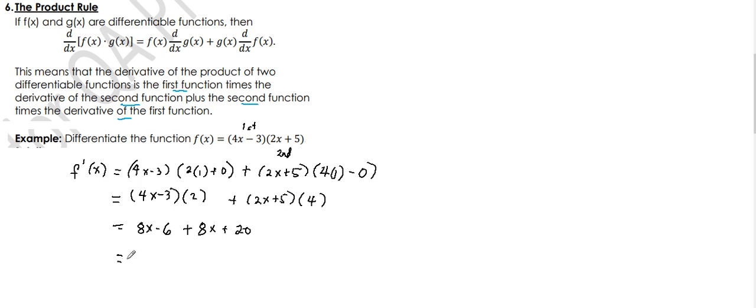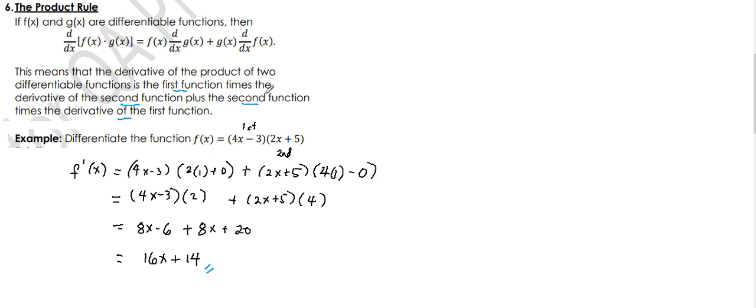Then, combine like terms. So, we have 8x plus 8x. So, 8 plus 8, that is 16x. Then, negative 6 plus 20 is positive 14. Okay? So, this is our derivative. We have 16x plus 14.